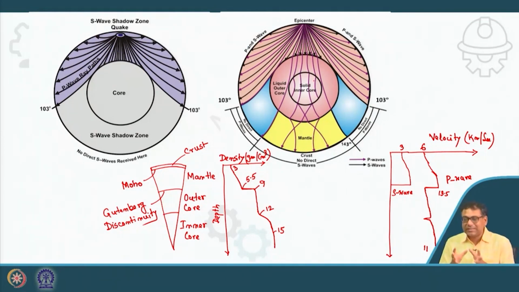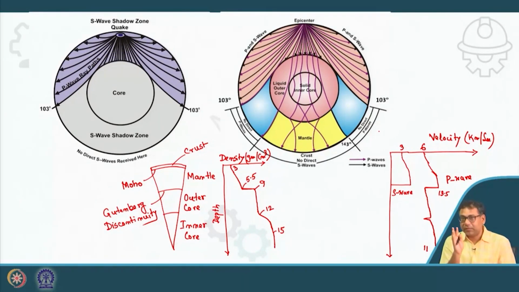Because of this liquid nature of the outer core, there will be refraction, and the P wave will not reach between 103 and 143 degrees on both sides. So in this zone from 103 to 143, no direct wave will reach, either S wave or P wave. But the reflected wave can reach.